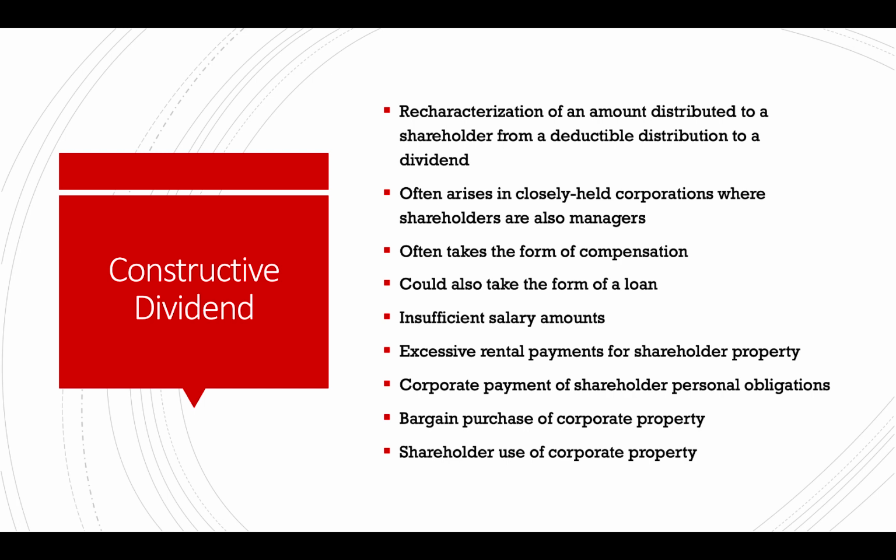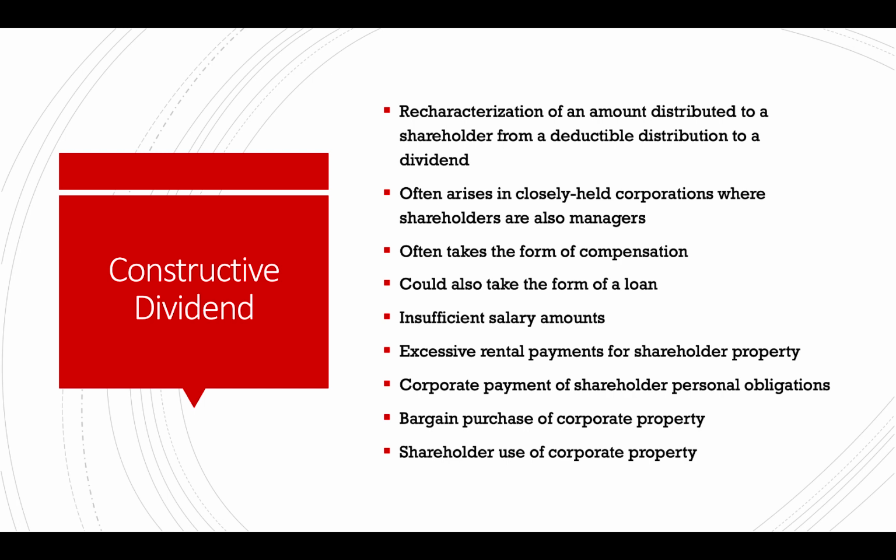And over here on the right are some things that can commonly be recharacterized. So what would happen is the IRS would recharacterize an amount distributed to a shareholder from a deductible distribution to a dividend. It often arises in closely held corporations where shareholders are also managers. So this isn't going to happen in Home Depot, right?